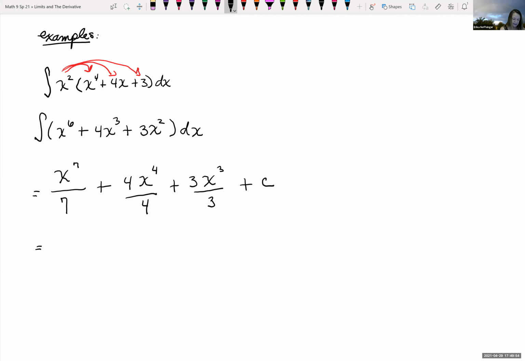So let's just simplify this. We have x to the 7th over 7, plus, well, 4's cancel over here, so just x to the 4th, plus these 3's cancel here, so just x cubed, plus c.